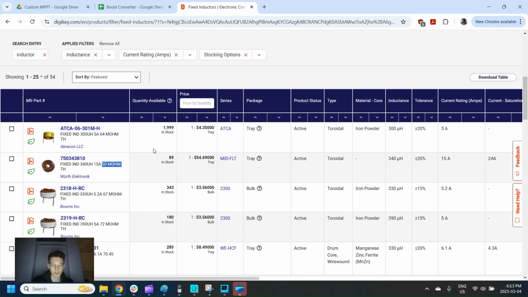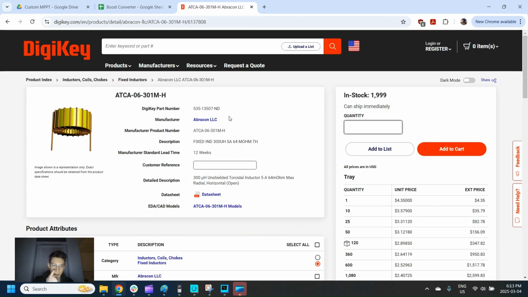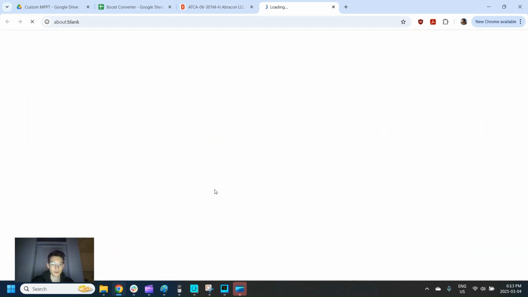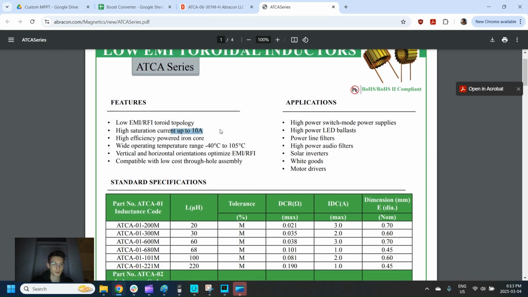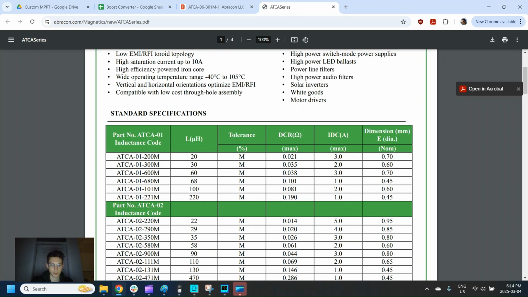So let's look at ones that are higher value here, just more available. So 300 microhenries, that's fine. We're at 64 milliohms. Let's pull this up. Yeah, so saturation current at around 10 amps. So that's above the amperage that we're working with.